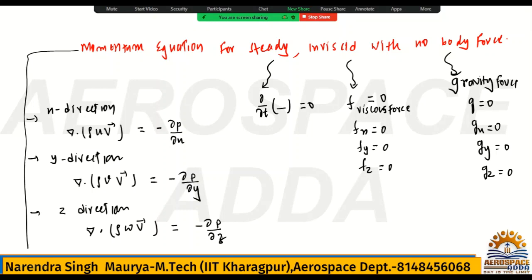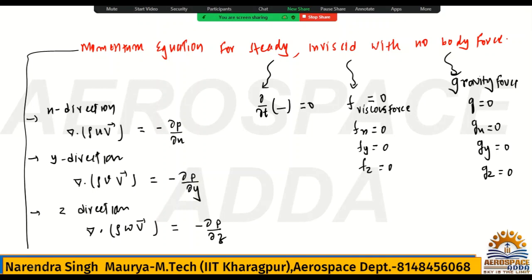Now the same equation, if you open the bracket, the gradient and all, what will you finally get? Check again, it is the bracket part, no? That operator dot in bracket rho u, the velocity vector, is equal to minus dou p by dou x.